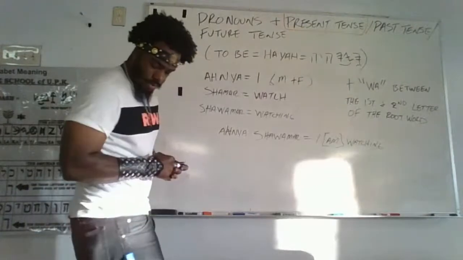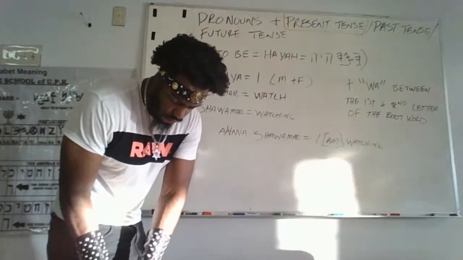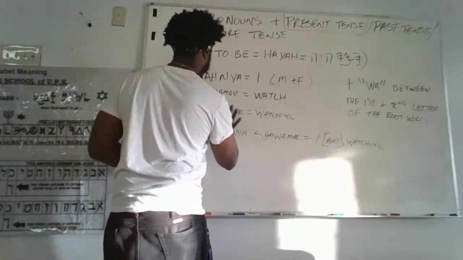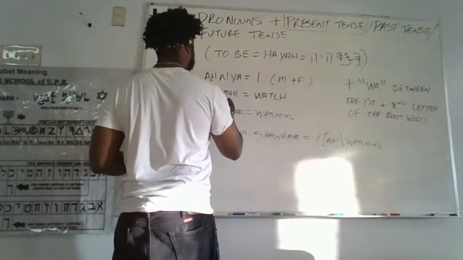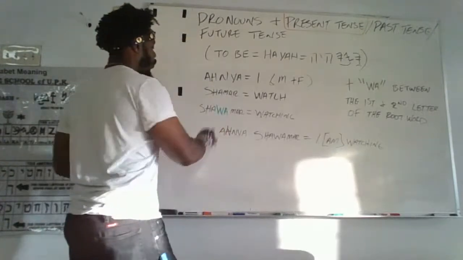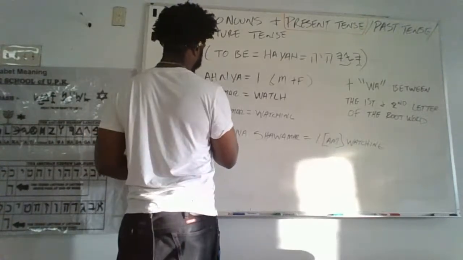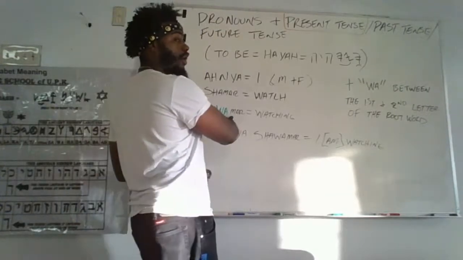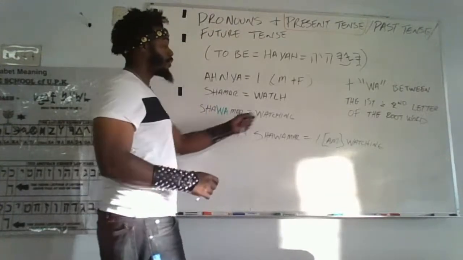Okay. Give me a different color here. So that's what was added, right? The wa was added between the first letter, sha, and the second letter, ma, right? To make it present tense.